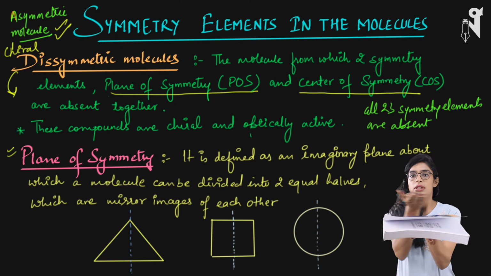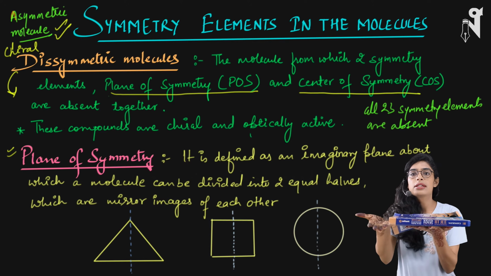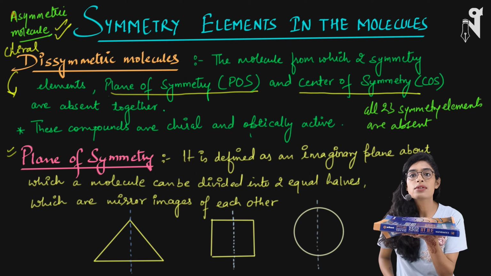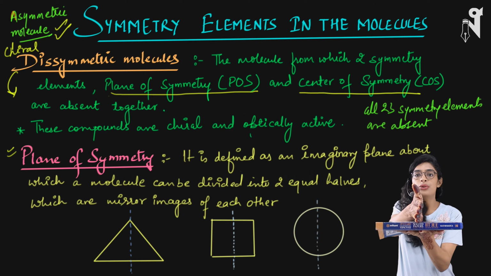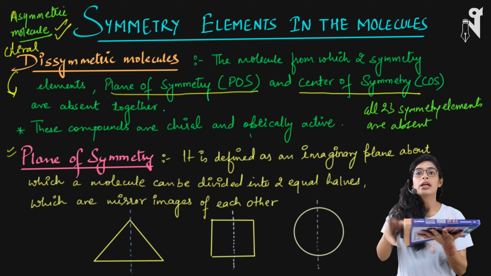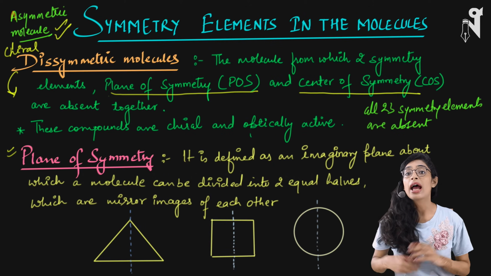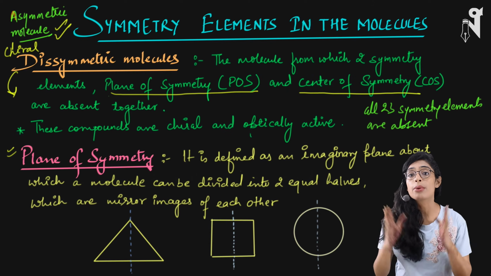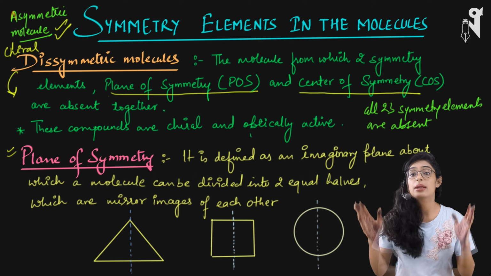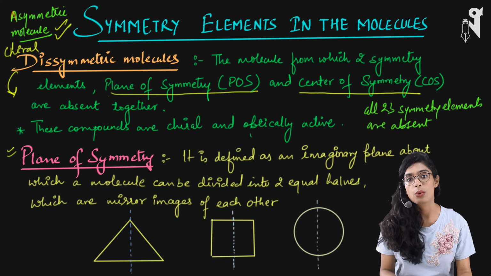Yes, I can do the slice cut like this, and it will be divided into two equal halves. Can I cut it through this plane and it will divide into two equal halves? Yes, it will. So basically, when you cut it through a certain plane and it is able to divide into two equal halves and those two equal halves are mirror images of each other, then that plane is called a plane of symmetry and the molecule possesses POS.